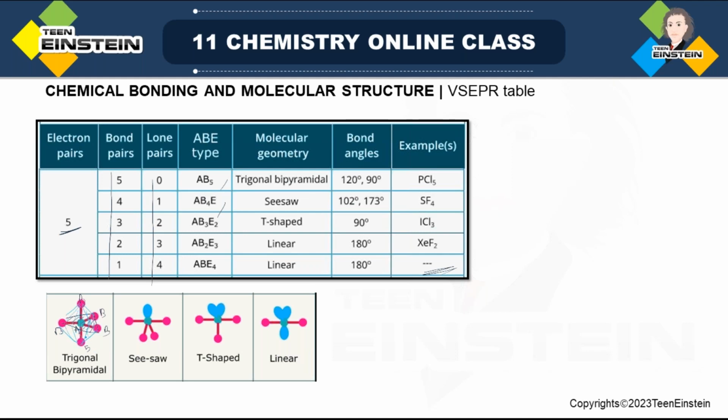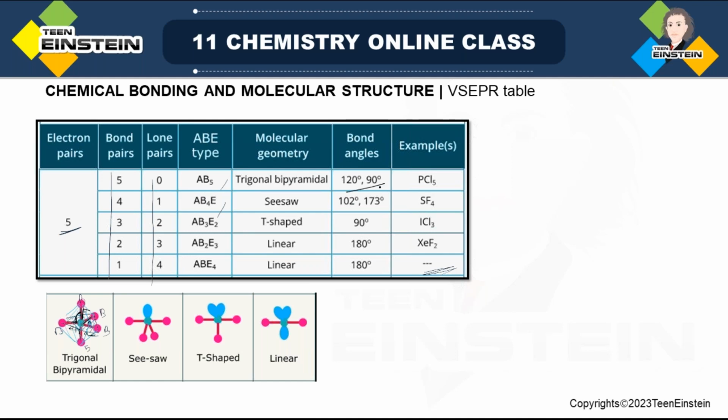So first draw a triangle where all these angles are 120 degree. This is axial and all these are equatorial, 3 equatorial. The angle between one axial and one equatorial is 90 degree.